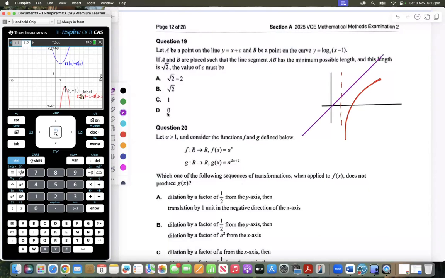What they said was c has multiple values. So c has different values, and you will move this line in this direction, right?